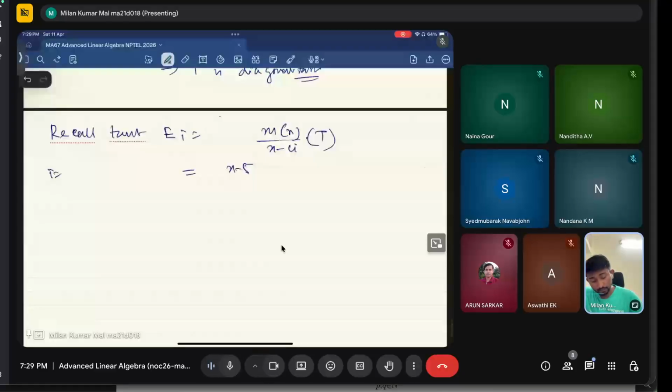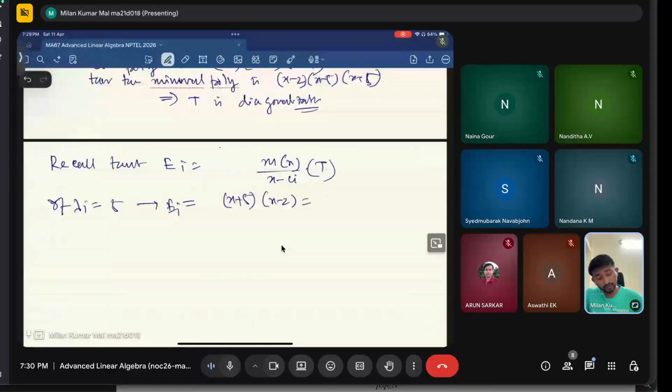So if I consider the eigenvalue 5, then if lambda_1 is equal to 5, this gives me that E_1 is equal to (x plus 2) over (x minus 2) terms. So this is going to be like (T minus 2I) whole into (T plus 5I).